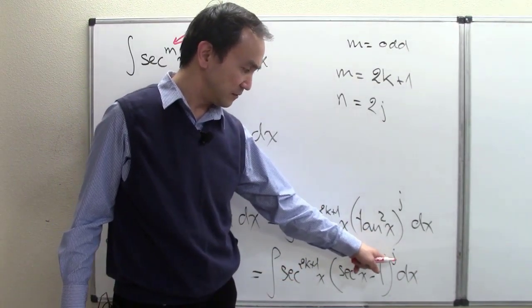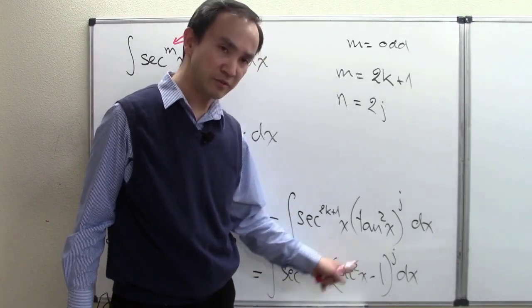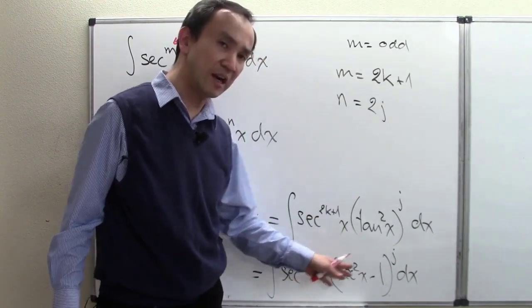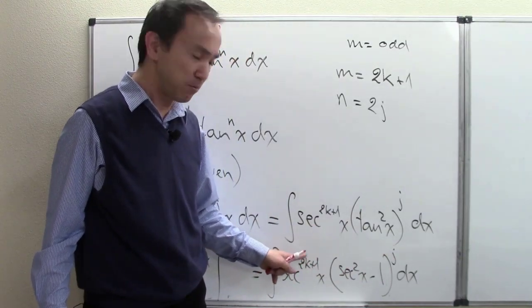When we get to this point, we can FOIL out this binomial in terms of secant squared, and then distribute the secant to the power 2k plus 1 into each term.